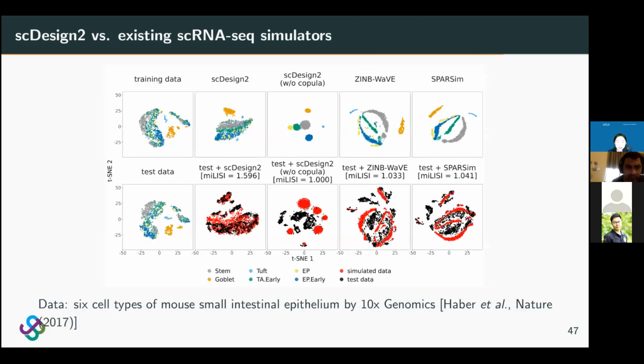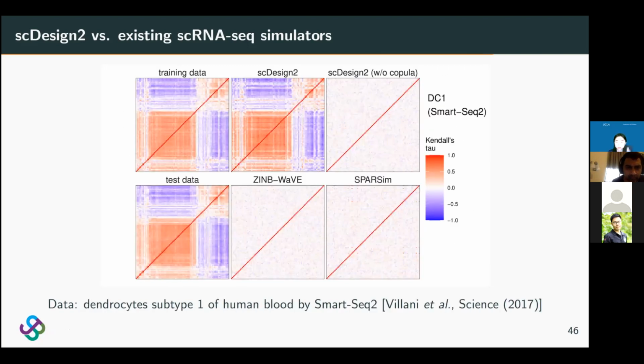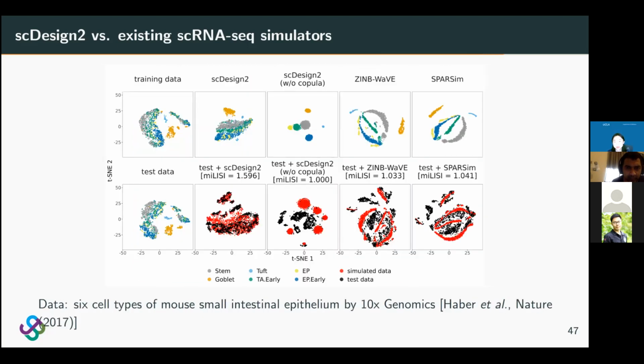All right, now these heat maps are for one cell type each, by the way. This is DC1, this is goblet. Now, if we mix cell types together, how does it look? Training data, test data, synthetic data by scDesign2, ZINB-WaVE, sparse-ZIN, and without copula. In this joint visualization plot, a joint dimension reduction, we can see very well whether the synthetic data mixed well with real data.